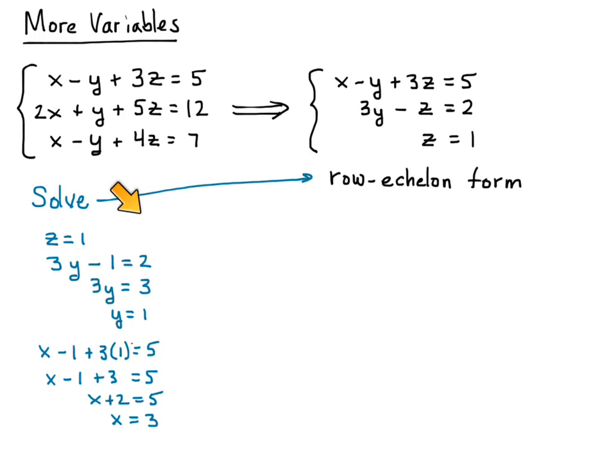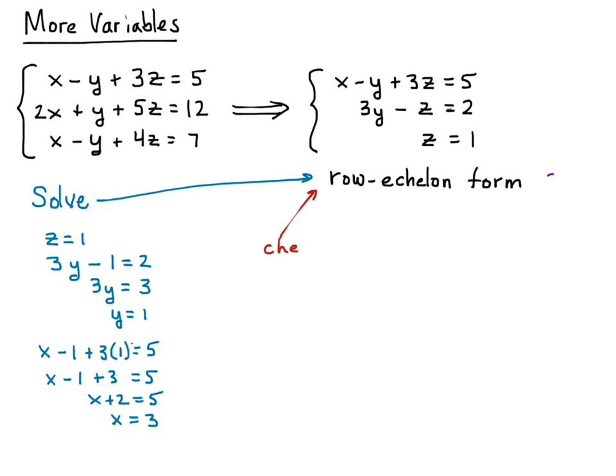See, this 3y minus 1 comes from this 3y minus z, and since I know z equals 1, I can pop in my 1 here, and I get 3y minus 1 equals 2. Add 1 to both sides, 3y equals 3, and y equals 1. And then I do the same thing with the top equation, where I'm going to say x minus, and I know y equals 1, so I'm going to put a 1 there, and I know z equals 1, so I'm going to put a 1 there, so I'll have x minus 1 plus 3 equals 5, x plus 2 equals 5, and x equals 3.